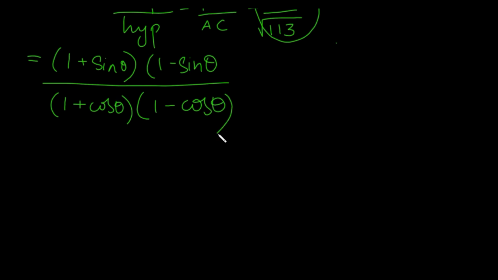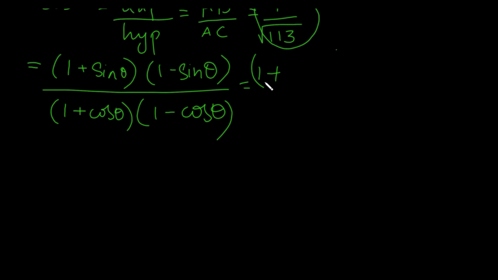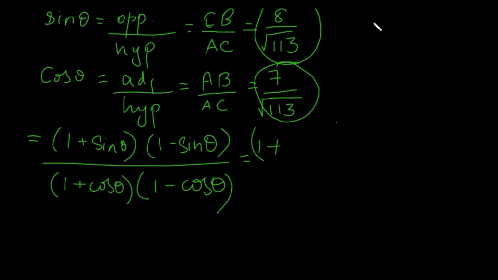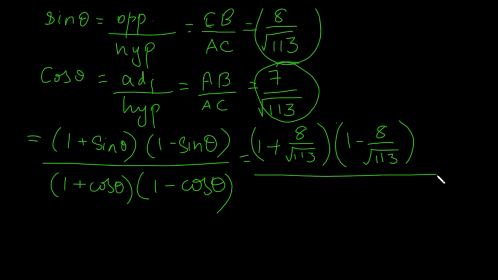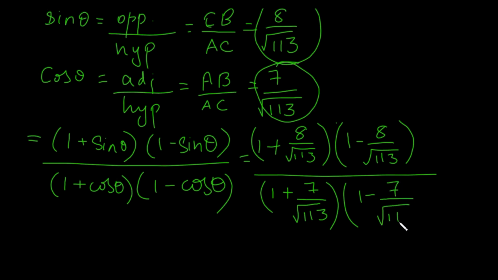So that is equal to (1 plus sin theta, which as we have seen is 8 divided by root 113)(1 minus 8 divided by root 113) divided by (1 plus cos theta, that is 7 divided by root 113)(1 minus 7 divided by root 113).